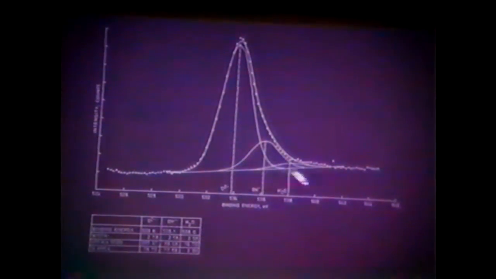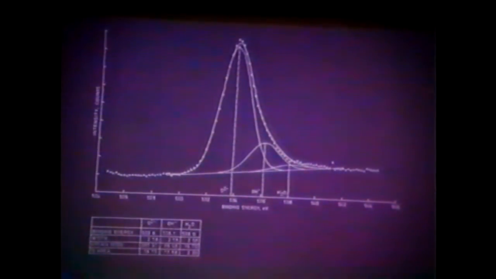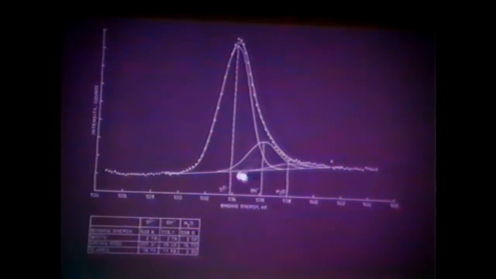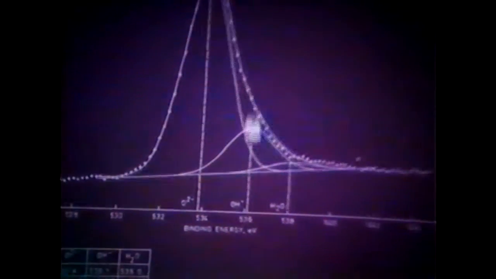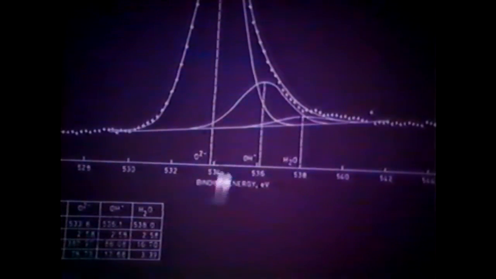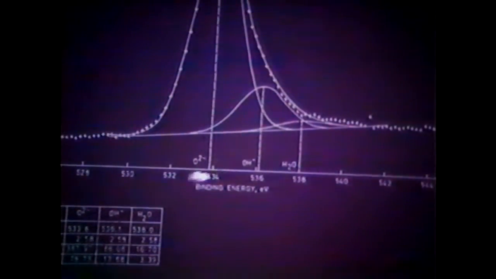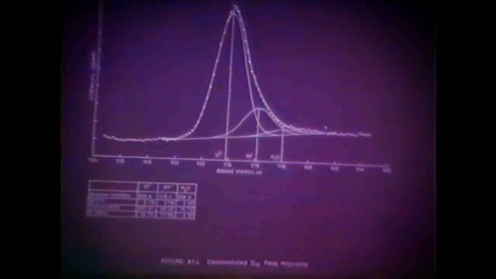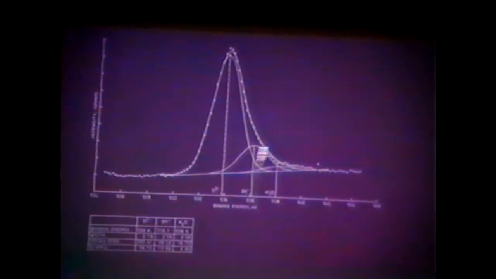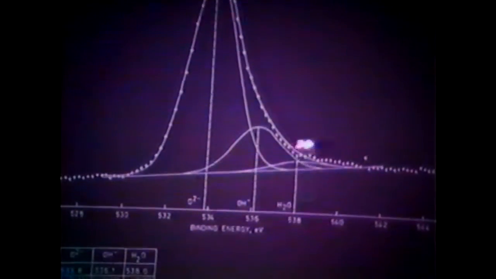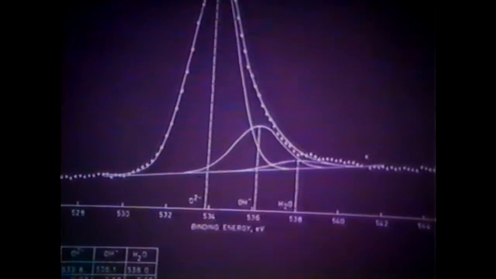This was done by Nigel Clark and Jay Watt at the University of Surrey with their deconvolution program. And here we've got the different peaks. That's the O2 minus, a lot of that, because there's supposed to be a lot of O2 minus there anyway. And that's the OH minus, and the H2O, they're quite small.